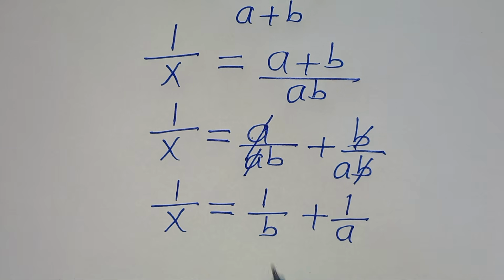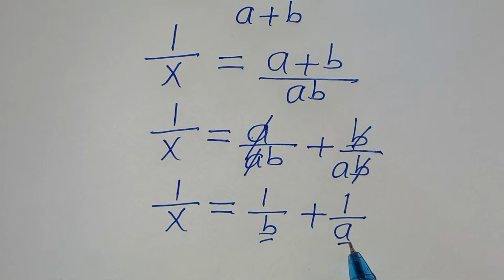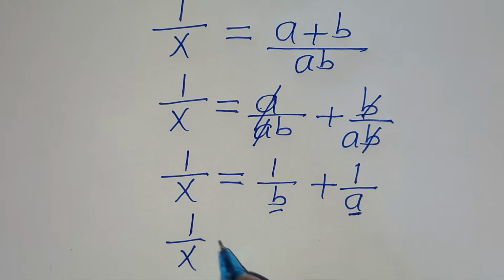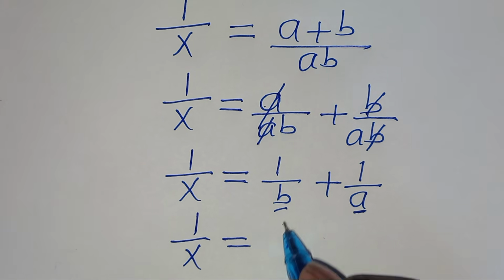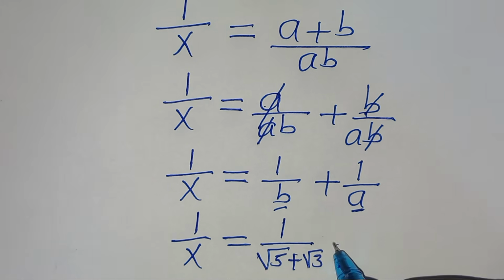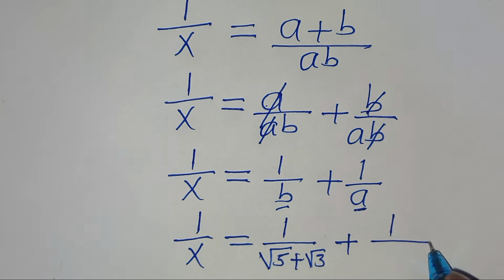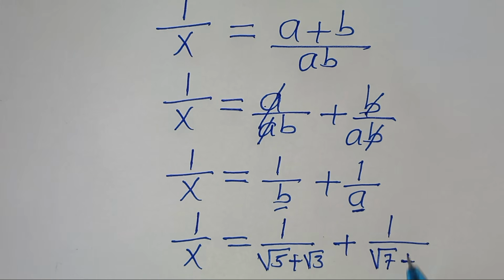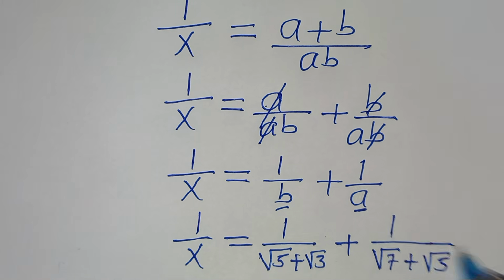So let's substitute B and let's substitute A in this case. So this means that 1 over x is equal to 1 over the square root of 5 plus the square root of 3, plus 1 over A, which is the square root of 7 plus the square root of 5.